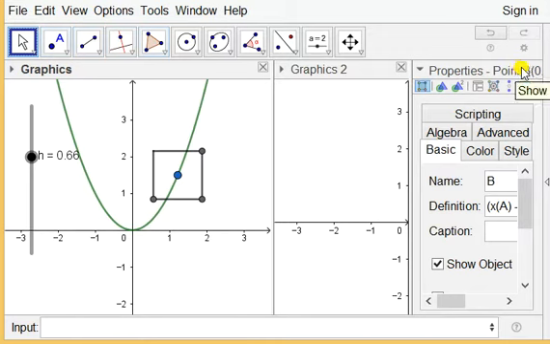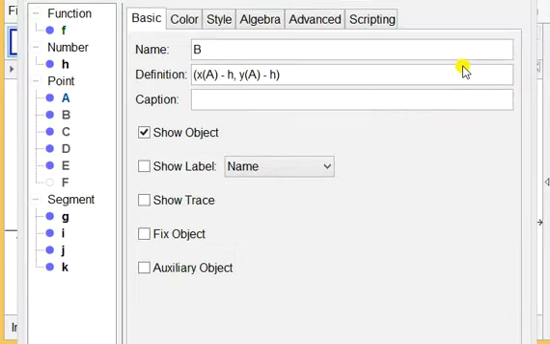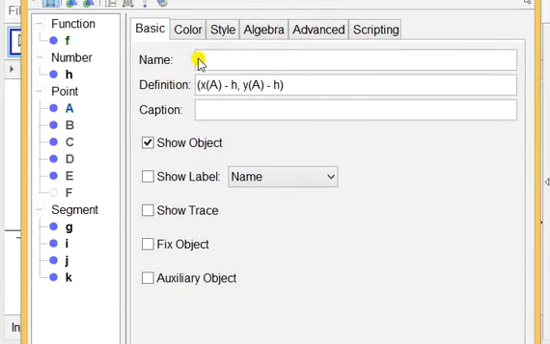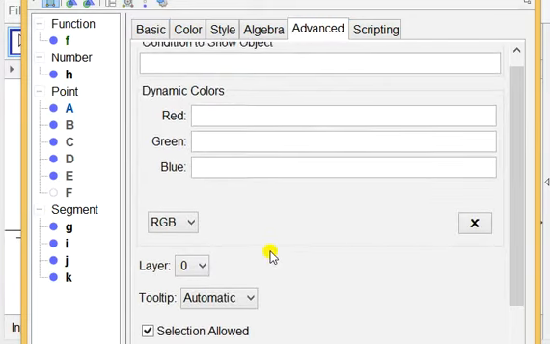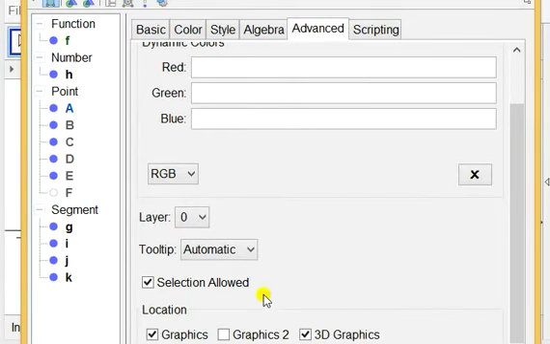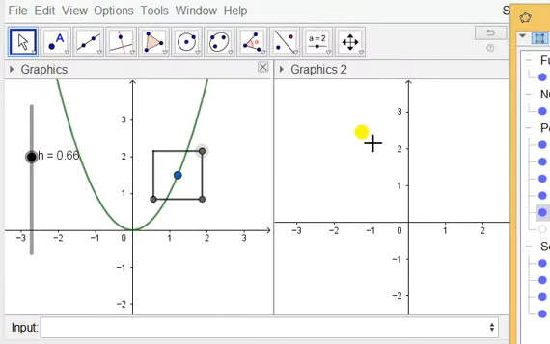So for point B, go to advanced. Okay, I think it's only one. How about A? Yeah, B, C. Can you see that C is over there? So we only want that here. And D, E. Okay, so we don't have anything over there.